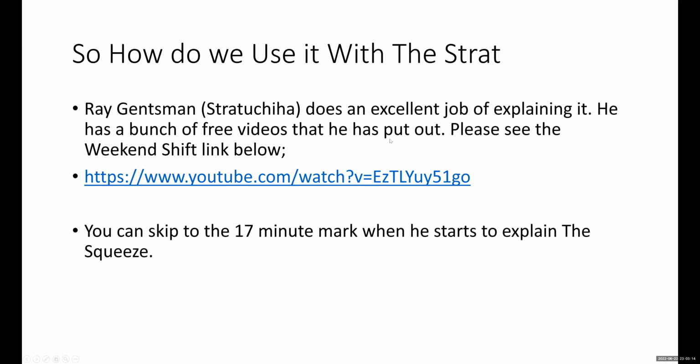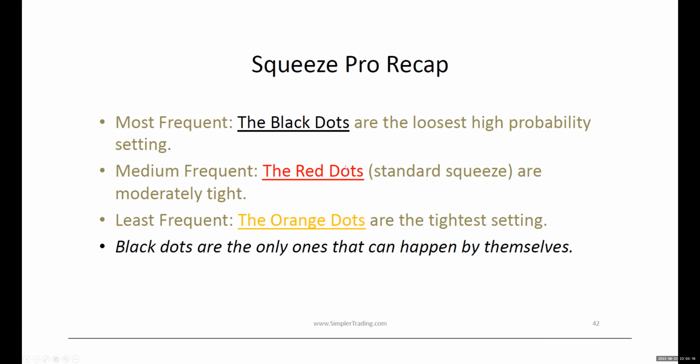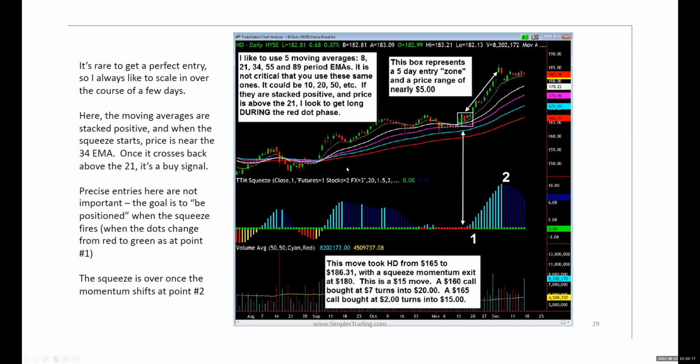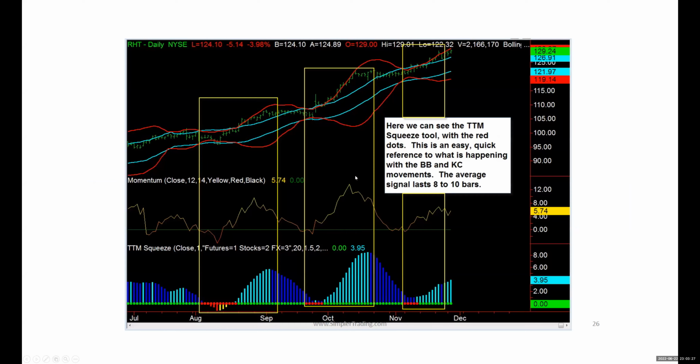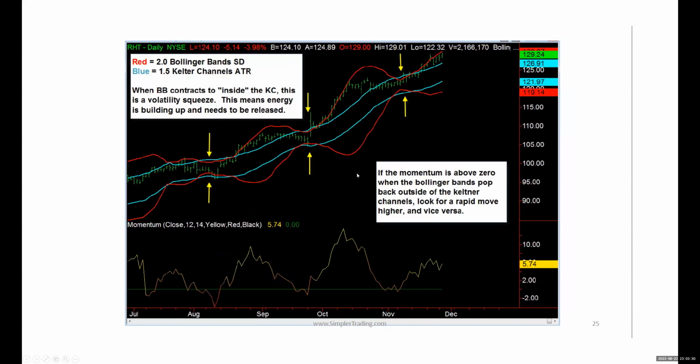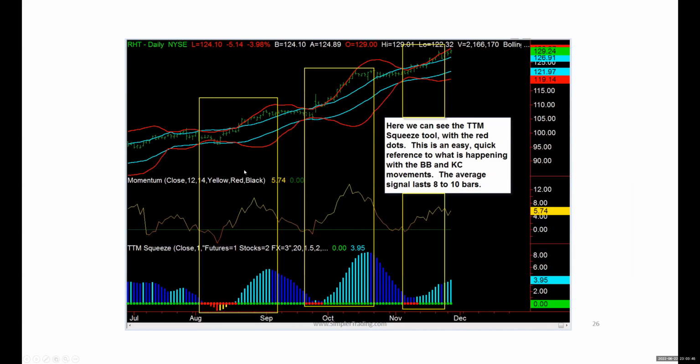So for example, when we have the study screen up in TOS and you click on the wheel and it opens up where you can do your inputs and plots, any recommendations there? Yeah, don't change the settings. Keep the settings the way they are. If you have the Squeeze Pro, the different settings would show you the different colored dots. So you don't want to mess around with those. And how you load it.